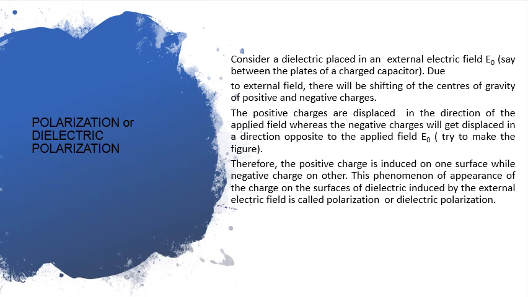We have discussed this in previous lecture slides also. The positive charges are displaced in the direction of the applied field, whereas the negative charges are displaced in the direction opposite to the applied field. Therefore, positive charge is induced on one surface while negative charge on the other. The appearance of charge on the surface of a dielectric induced by an external field is called dielectric polarization.